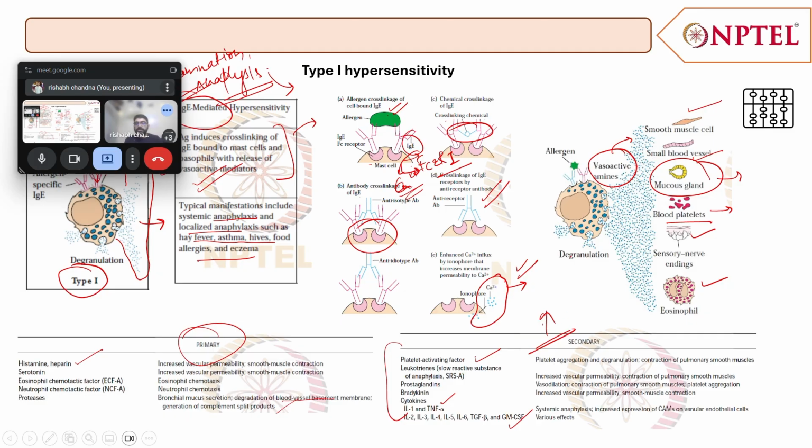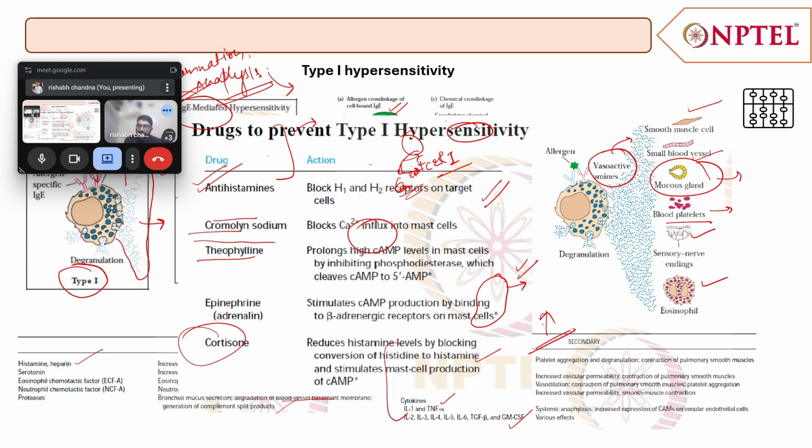Okay, so there are certain drugs that can prevent this type 1 hypersensitivity. We have antihistamines that can block the H1 and H2 receptors on target cells. Then we have cromolyn sodium. This is an ionophore that blocks calcium influx into the mast cell so that it stops the degranulation. Then we have theophylline that prolongs high cAMP levels in the mast cell.